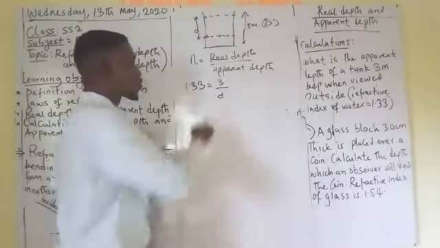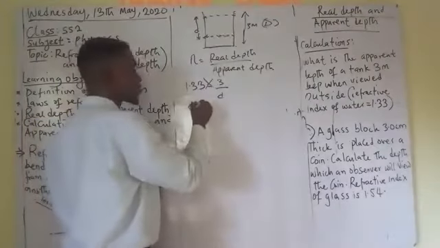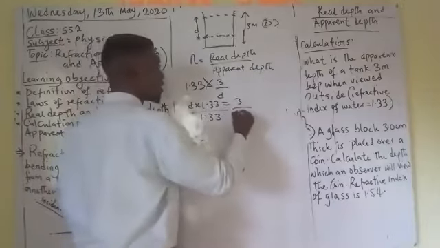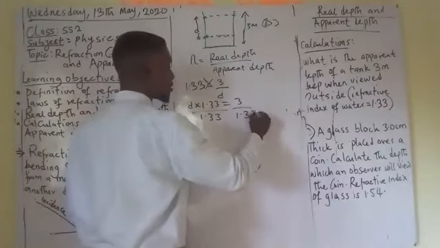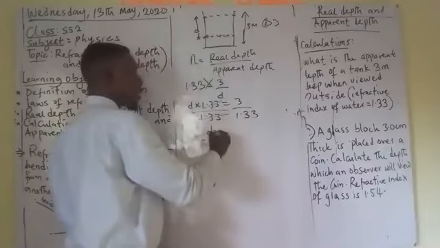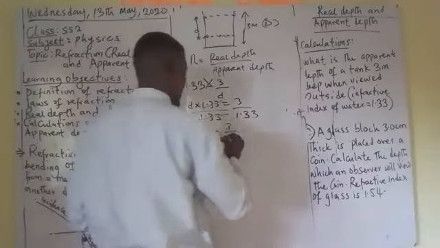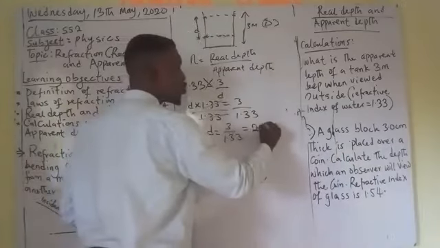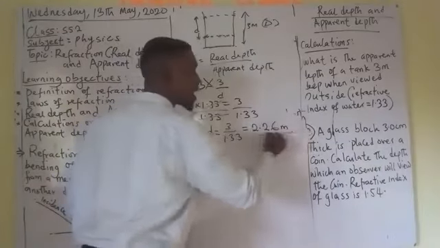Cross multiplying, d times 1.33 is equal to 3, so dividing both sides by 1.33, the apparent depth is equal to 3 divided by 1.33. If you divide it, you get 2.26 meters.